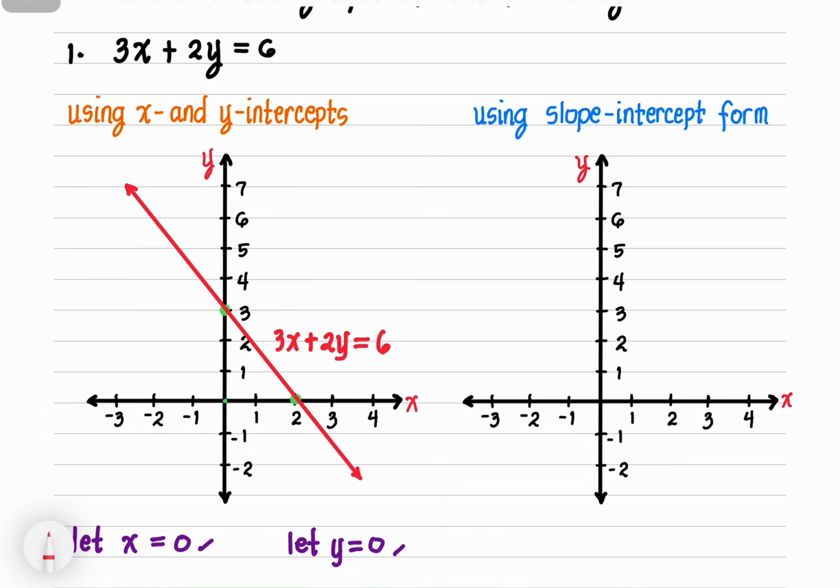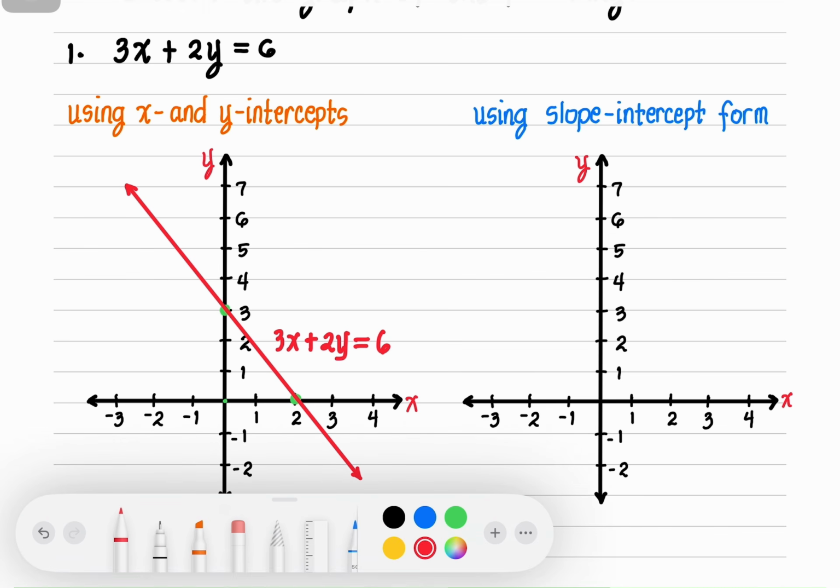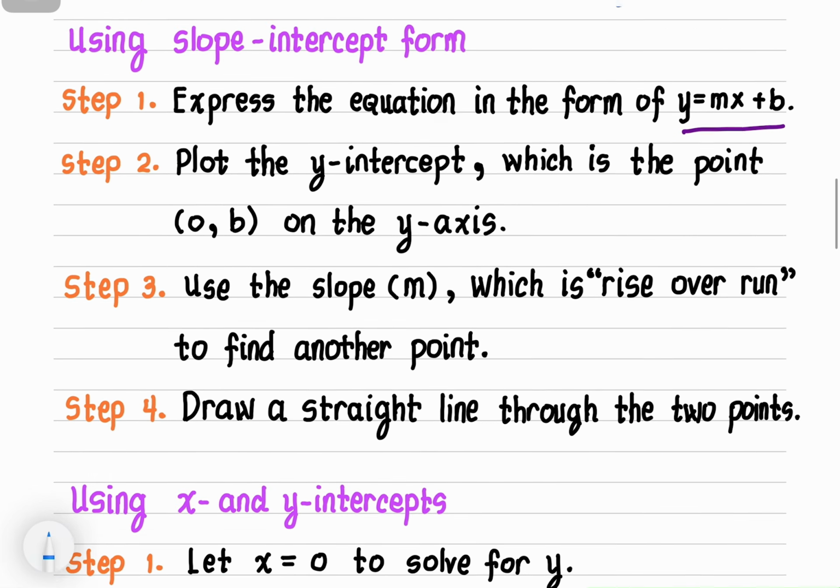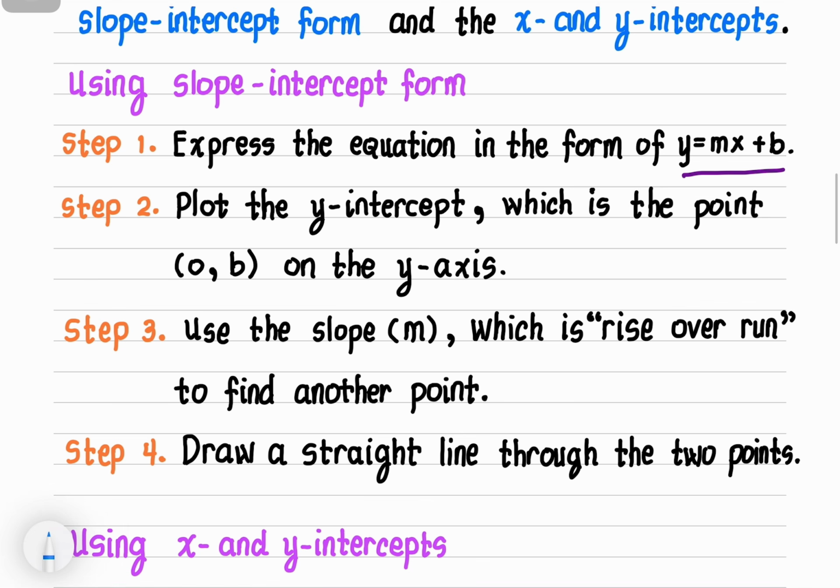So, now, using slope-intercept form naman. So, class, I prefer na gagamitin natin is slope-intercept form kasi mas madali siya. Okay? Here it goes. Using slope-intercept form, sabi natin doon, express the equation in the form of y equals mx plus b.